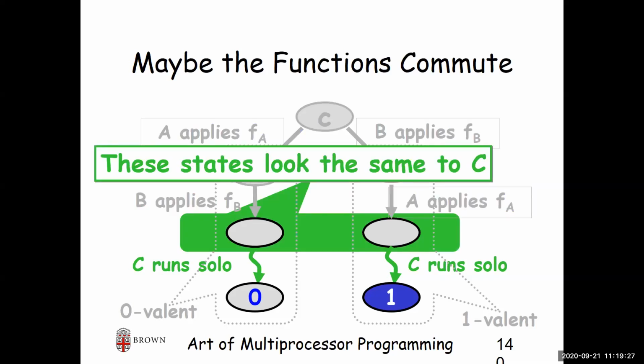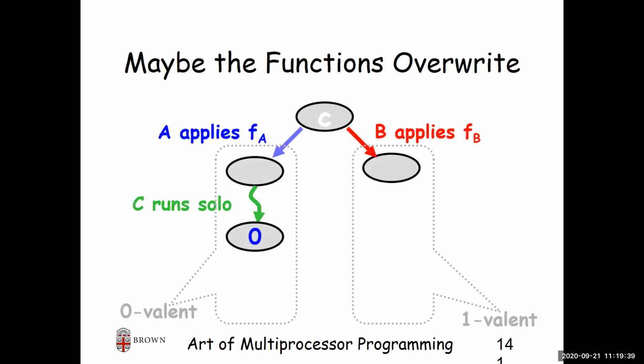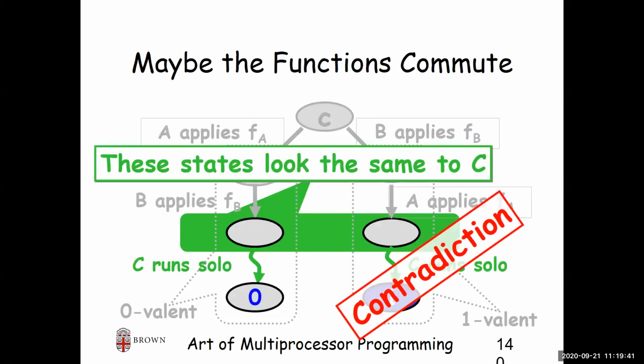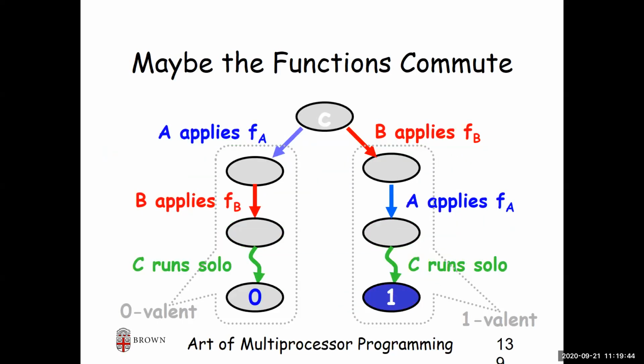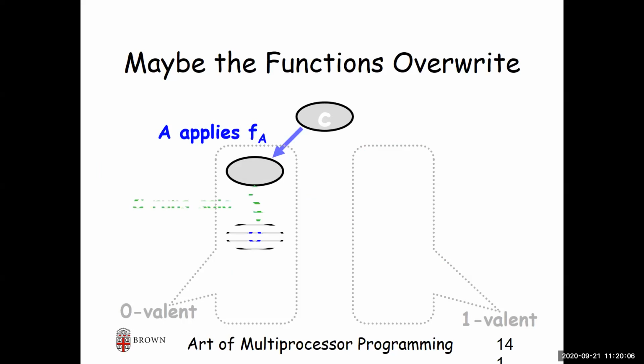C can't really tell what happened first if they commute. The idea is if I apply f of A and f of B, then because they commute, it doesn't matter what order I put them in, and therefore C can't tell whether A or B moved first. Does that make sense?